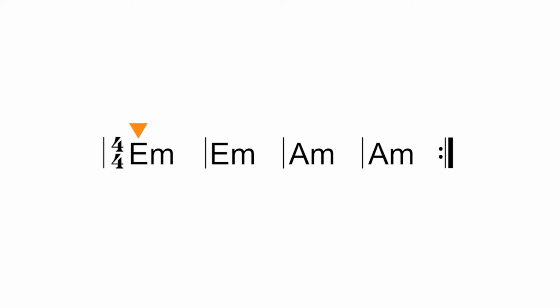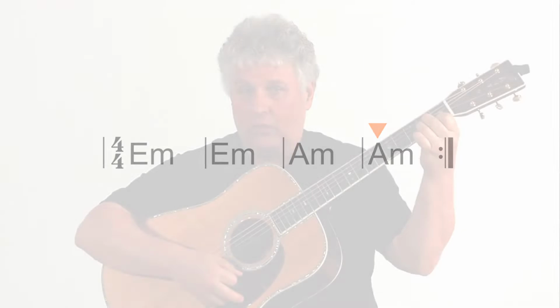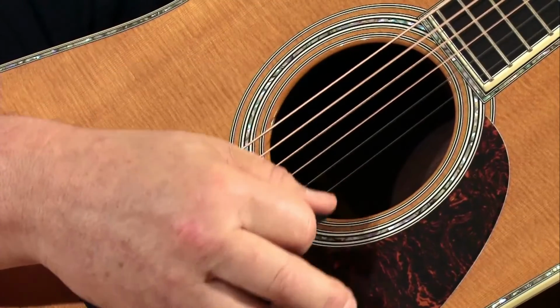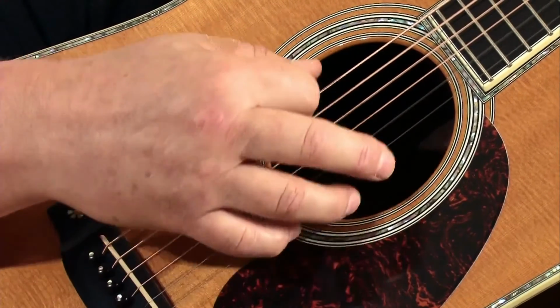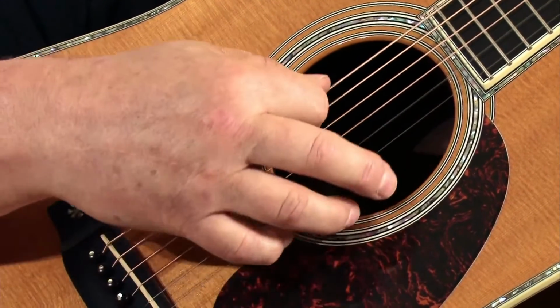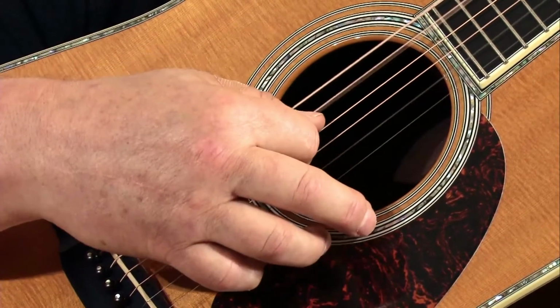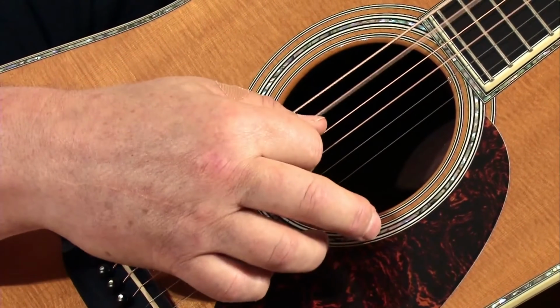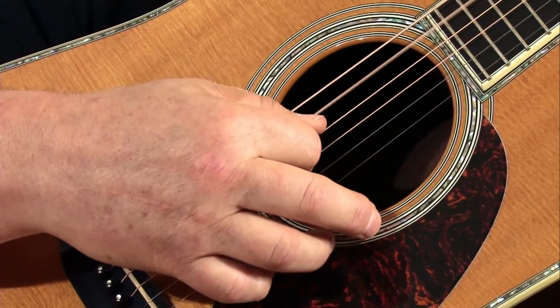1, 2, 3, 4. Another measure. And now to A minor. So now we've got a 4-measure phrase. Second measure, third measure, fourth measure.